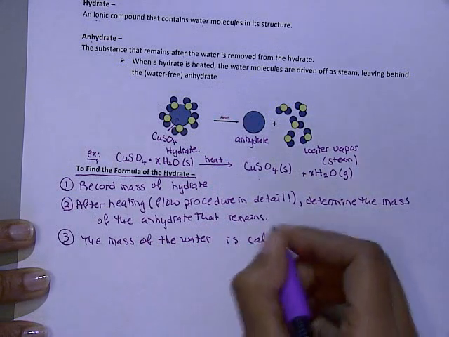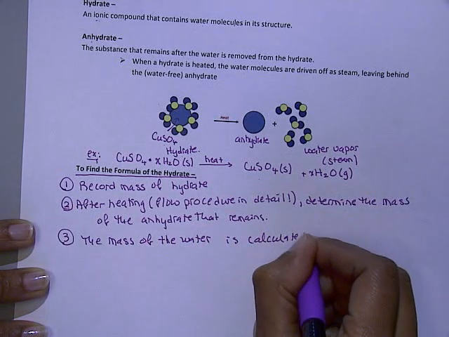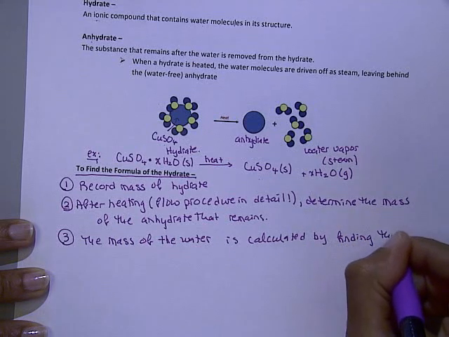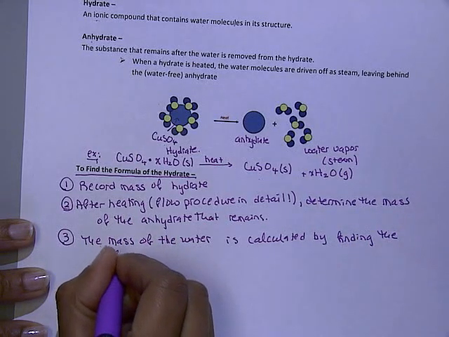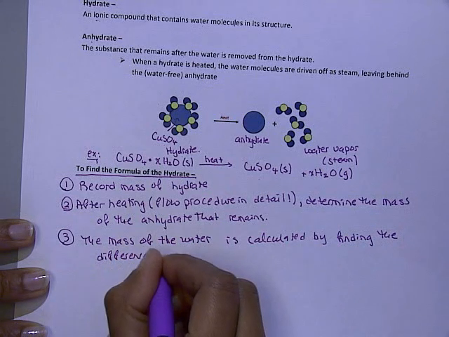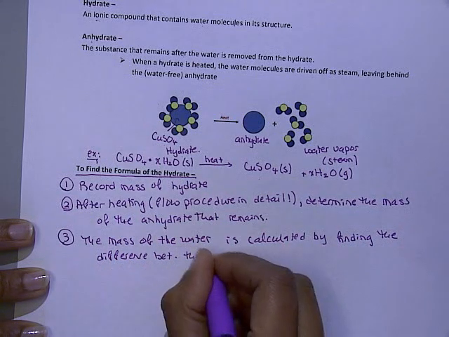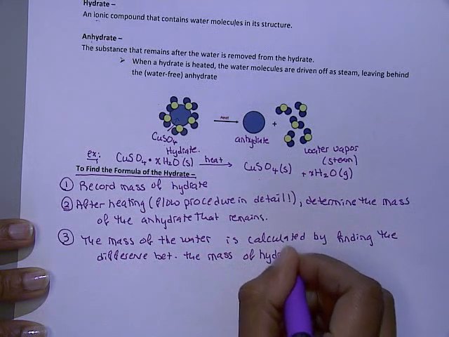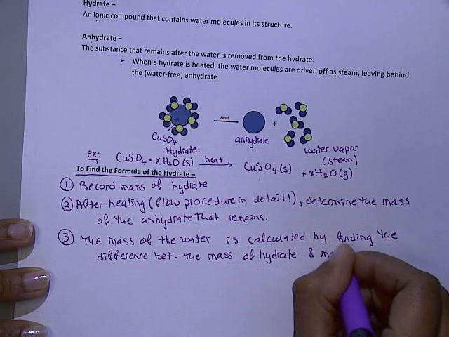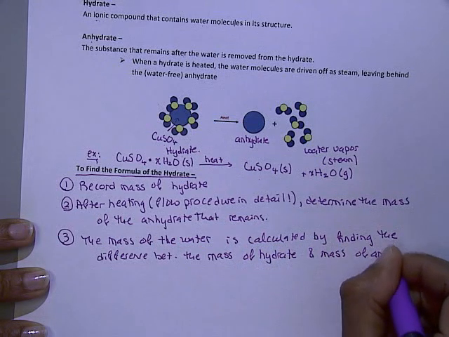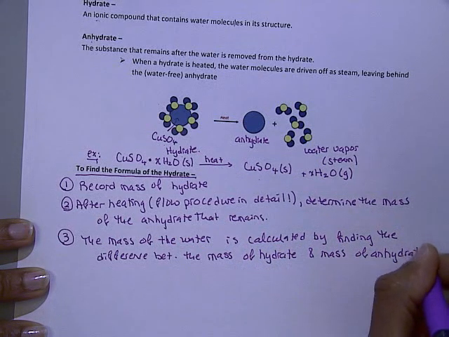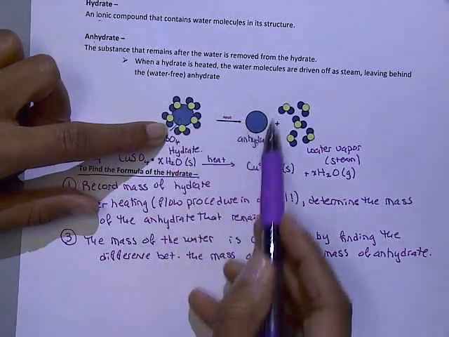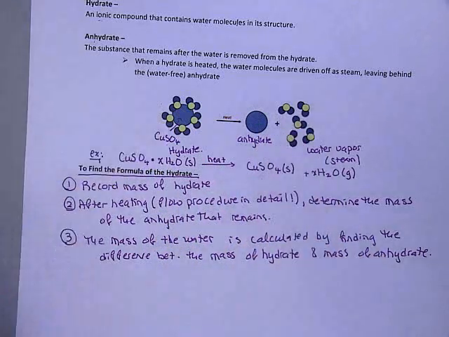The mass of the water that was present is calculated by finding the difference between the mass of your hydrate and the mass of anhydrate. And that makes a lot of sense. Basically, if we look at this cartoon, we're taking the mass of the hydrate, we're subtracting the mass of the anhydrate, and that will give us the mass of the water.